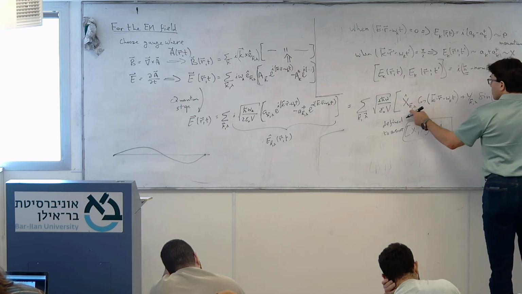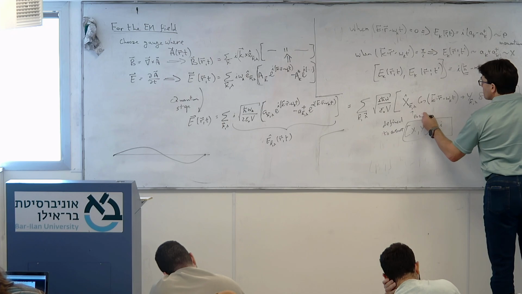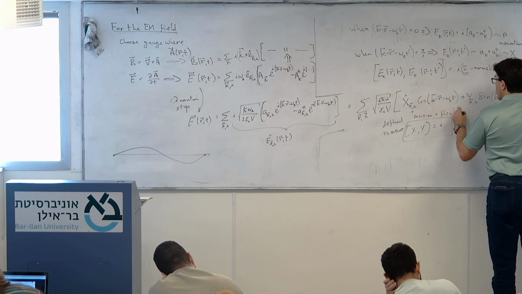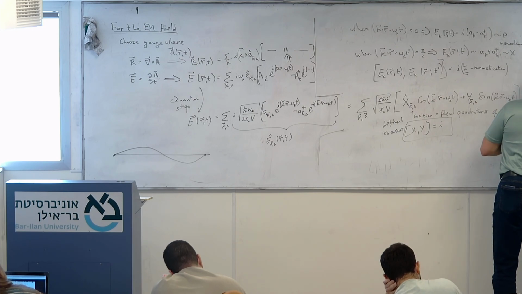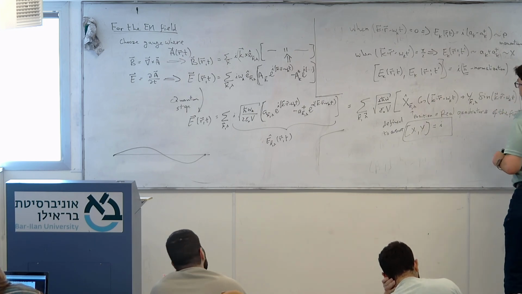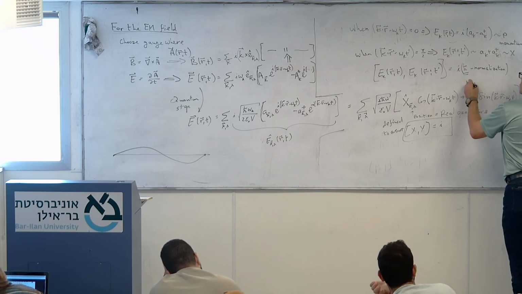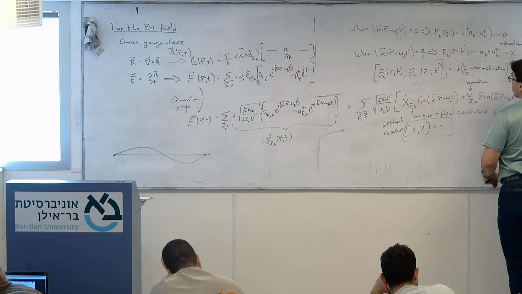So x is like position, and that is the real quadrature of the field. And y is like momentum, and that is the imaginary quadrature of the field.